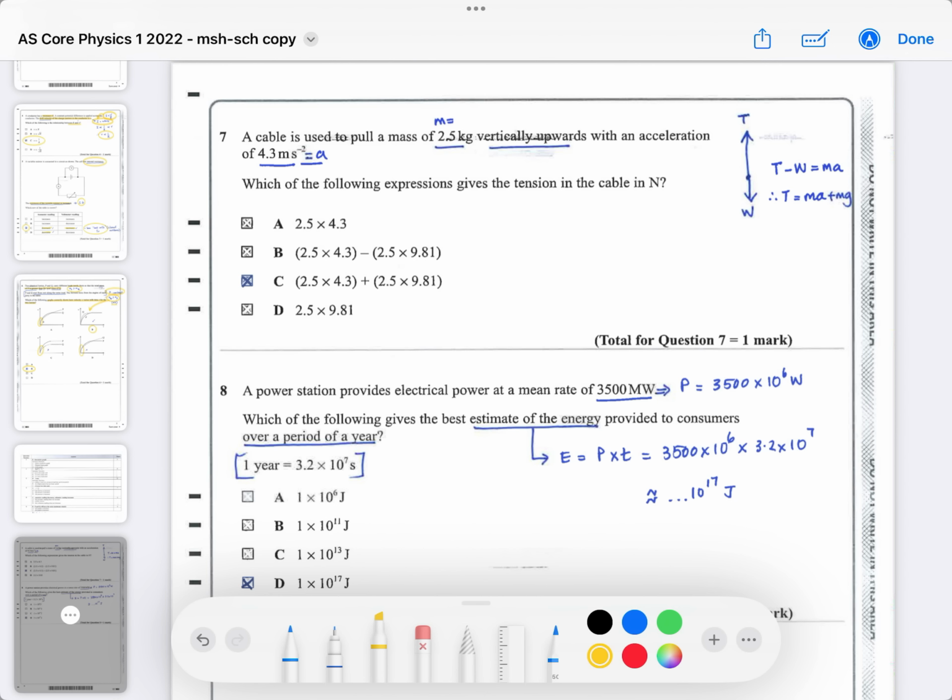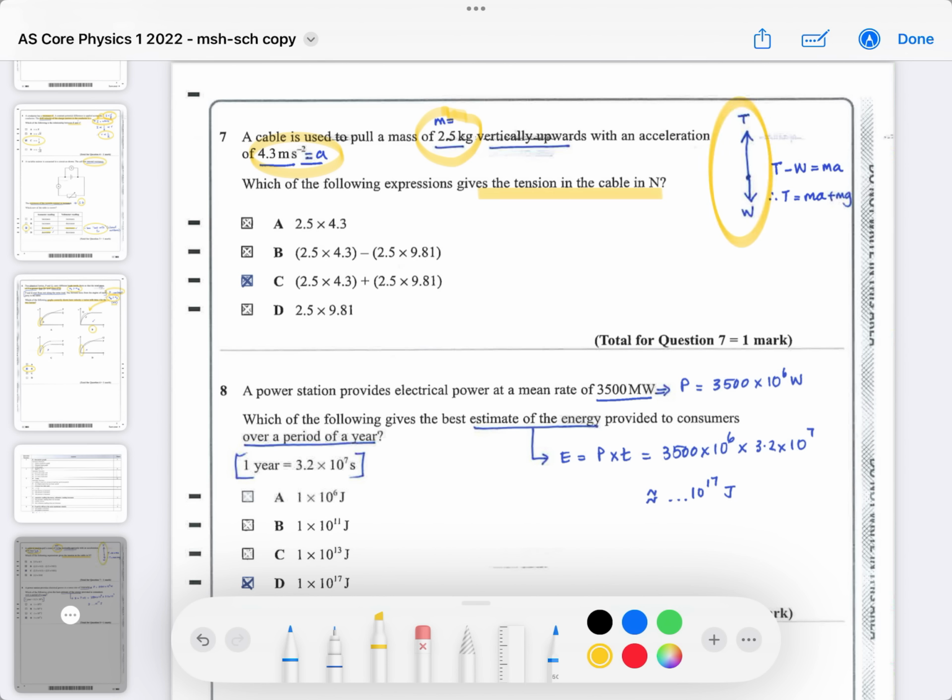A cable is used in question 7 to pull a mass of 2.5 kilograms vertically upwards with an acceleration a of 4.3 meters per second squared. Which of the following gives the expression for the tension in the cable in newtons? Obviously downwards we have weight, therefore the tension up must be greater than the weight.